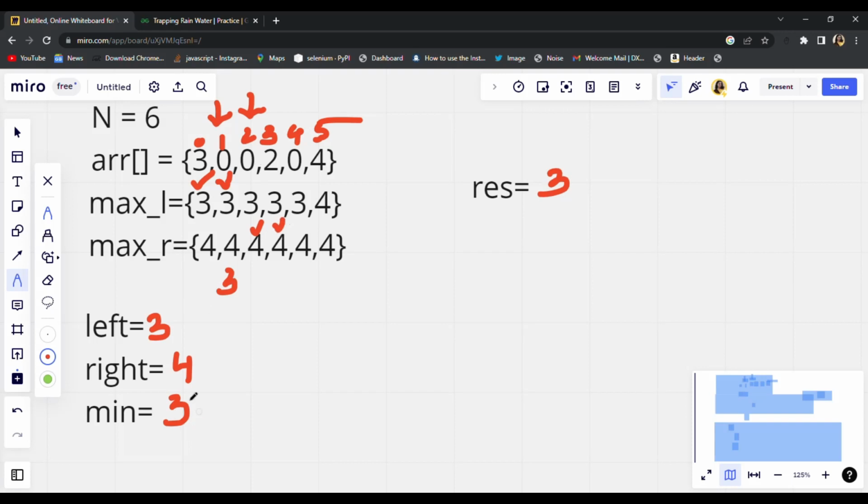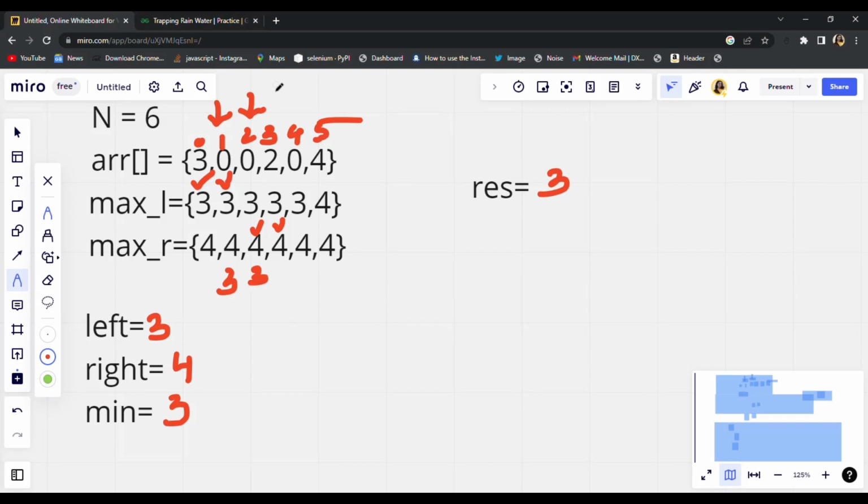Okay, now we need to find the minimum among these two, which is 3. Yes, so now we can store water up to a height of 3, but what is the height of the current block? It's 0. So we can store complete 3 liters. So it's again 3 for this block. We can store water till height 3 for this block.